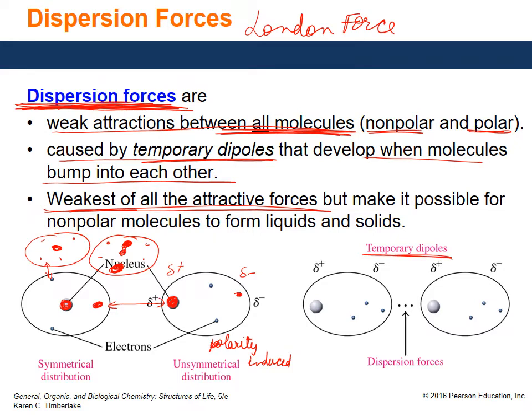When they bump into each other, the nucleus of one and the nucleus of the other are the farthest apart from each other. The nucleus and the electrons are redistributed. These electrons will make it partial negative, and they'll come close to the nucleus of the other, which is partially positive. Negative and positive attract each other, and this is called the dispersion force.